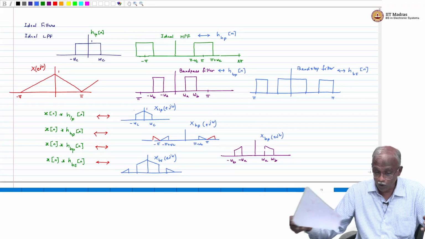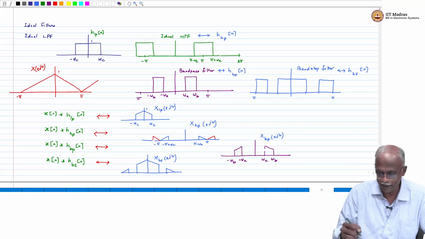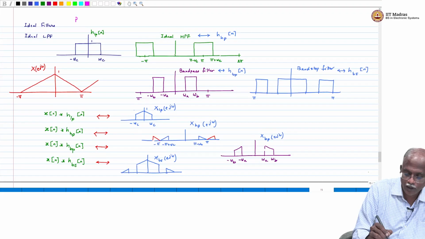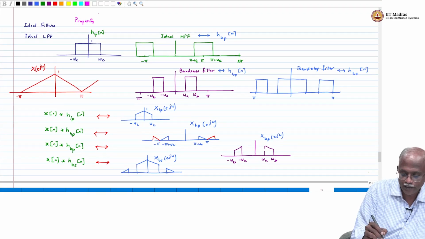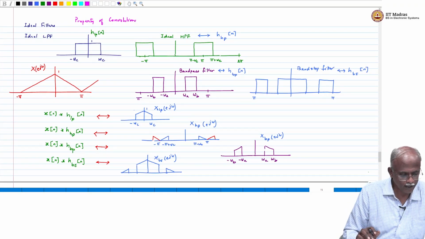So, what we have used here is the property of convolution. This is an application of the convolution property of the DTFT. The property of convolution has been very helpful for us to understand the implication of the filters that we are looking at.